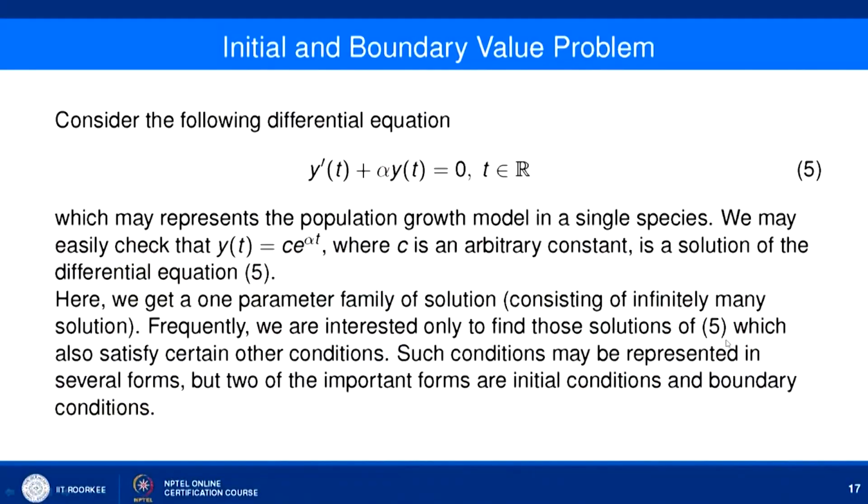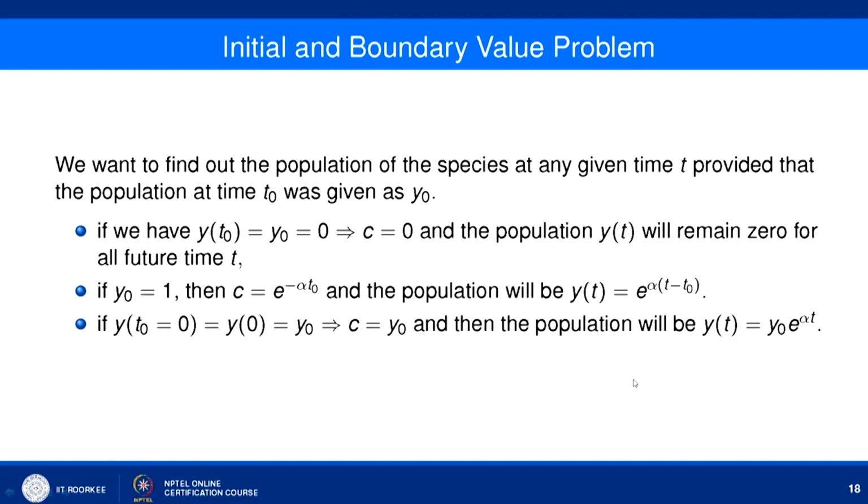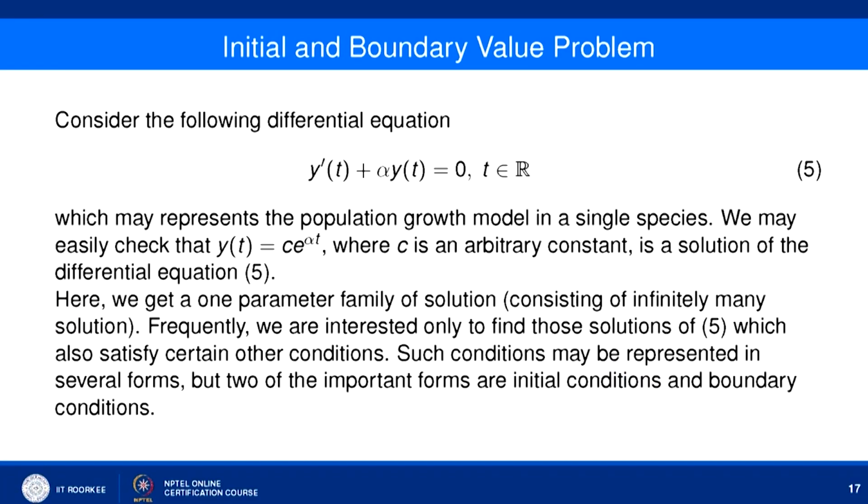So, we are interested only in finding those solutions of 5 which also satisfy certain other conditions. Such conditions may be represented in several forms, but two of the important forms are initial conditions and boundary conditions.